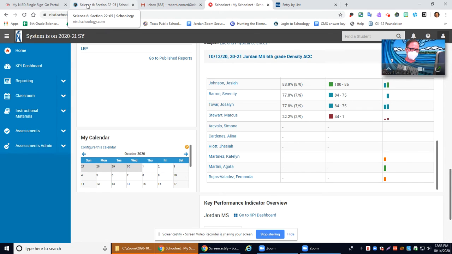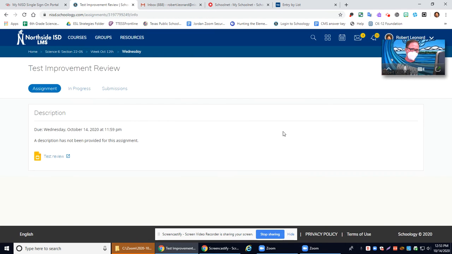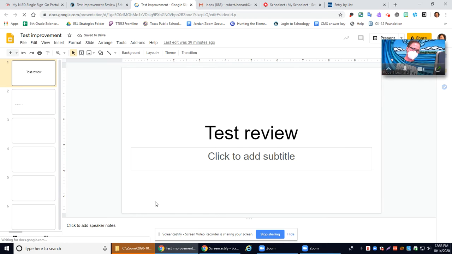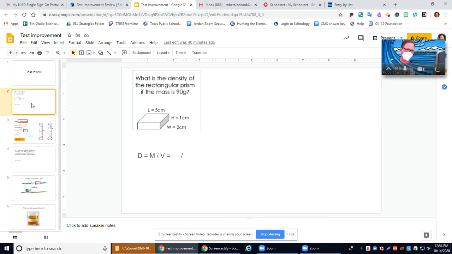Let me get them open here. Okay, so the test review. Title it Test Improvement. The biggest thing I find for students who do not pass, a lot of times they're not showing their work. So it's always getting in the habit of showing your work.